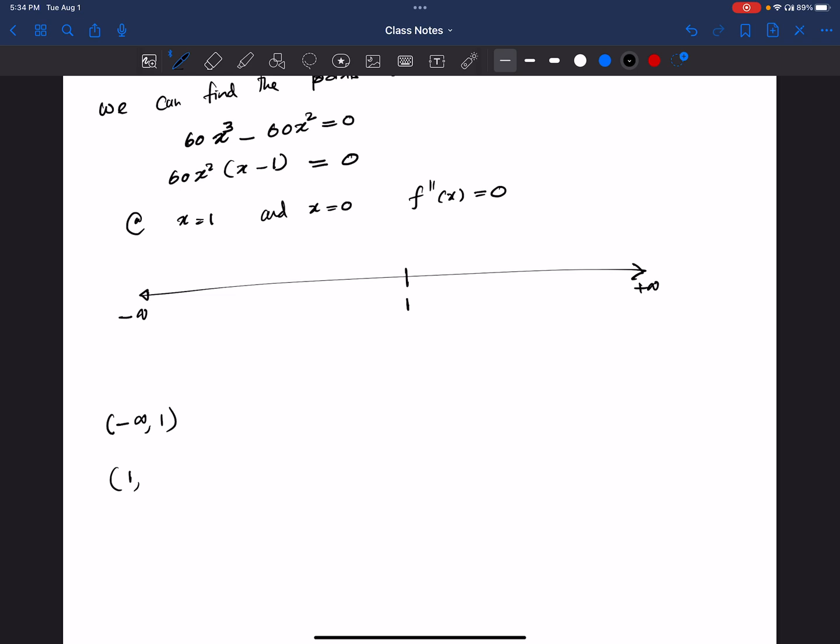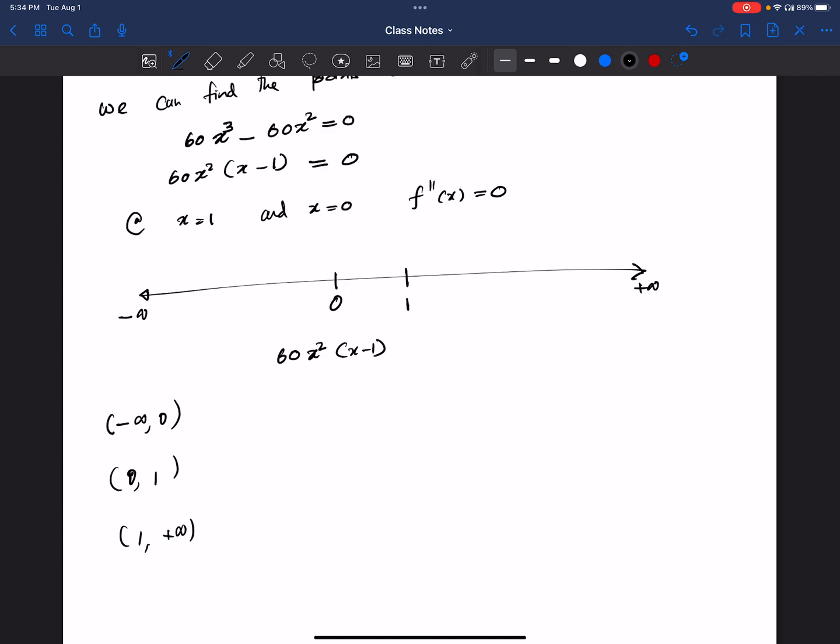So you have negative infinity to 0, 0 to 1, and then 1 to positive infinity. Those are three regions, right? So this is the expression that we need to find the sign of: x squared times x minus 1, right?